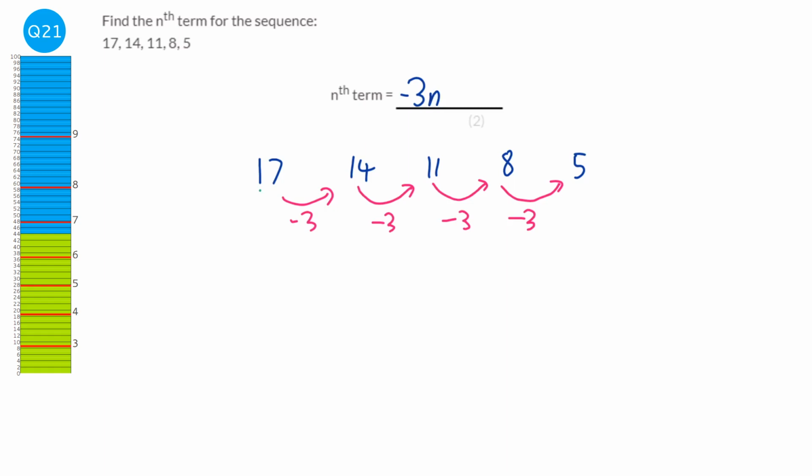Then we go backwards to find the 0th term. Going backwards, we would add 3, and we would find it to be 20. So whatever our 0th term is, because 17 is our first term, is what we add to the minus 3n. So it's going to be add 20. So our answer is minus 3n plus 20.